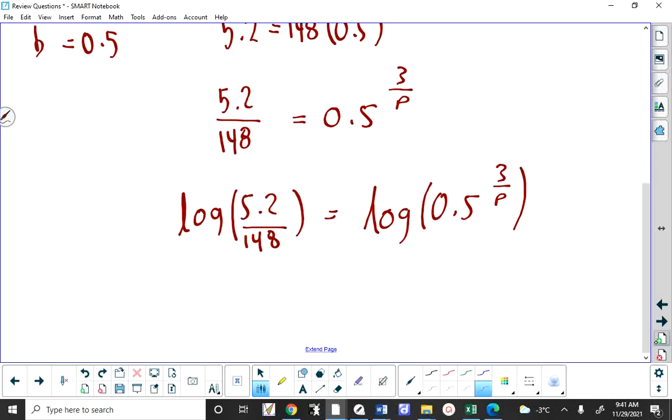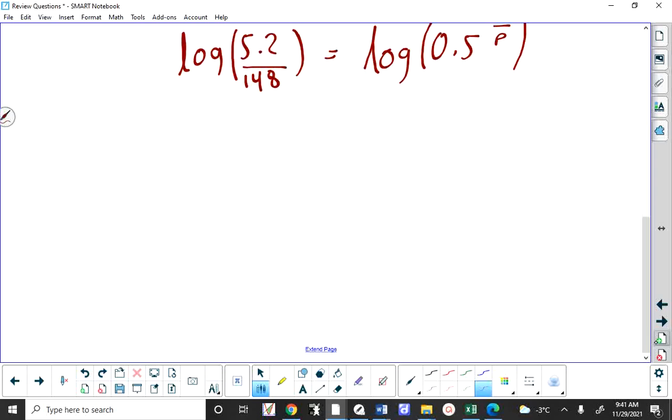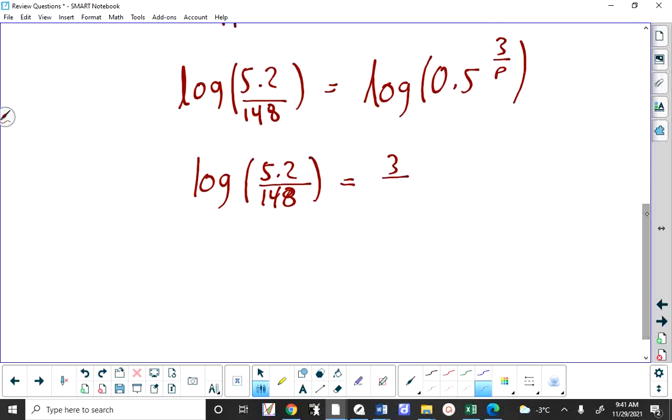But if it were a written response, you'd want to show this in steps. I can bring this 3 over p down, so I have log of this number, 5.2 over 148, equals 3 over p, this is my power rule for logarithms, times the logarithm of 0.5.